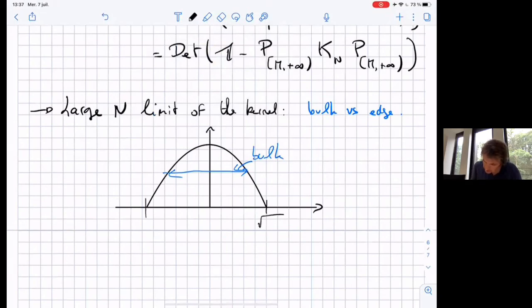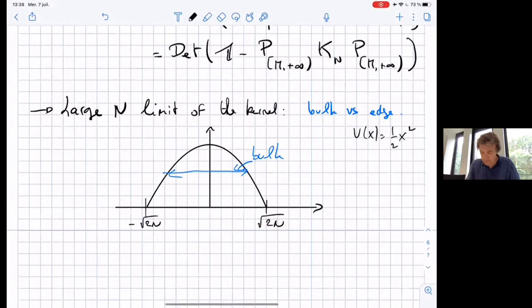Can I ask a quick question? Like for the determinantal point process, is the density always the semicircle? No, absolutely not. Okay, that's a good question. I still have in mind here the harmonic potential. In general, one doesn't know the shape.